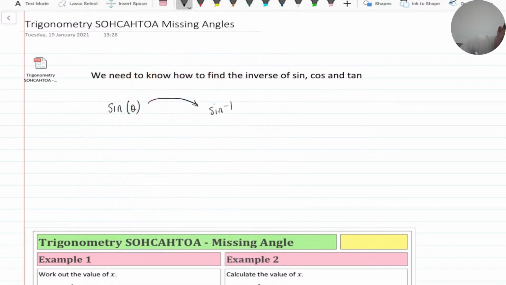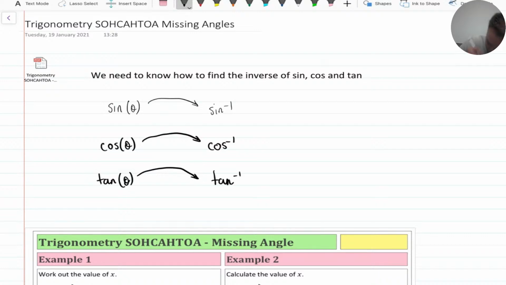If I'm doing cos of theta, the inverse of that is cos to the minus 1 of something. And the last one, tan of theta, the inverse of that is tan to the minus 1 of something. And we'll talk about that in a second.